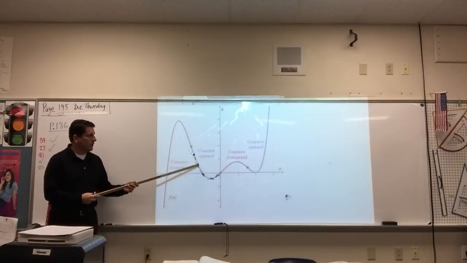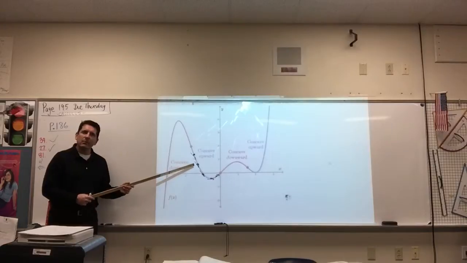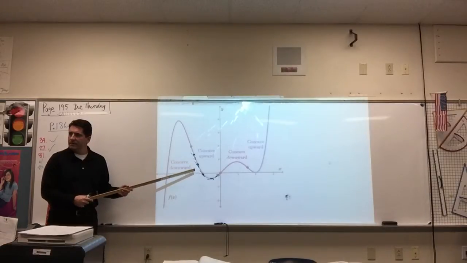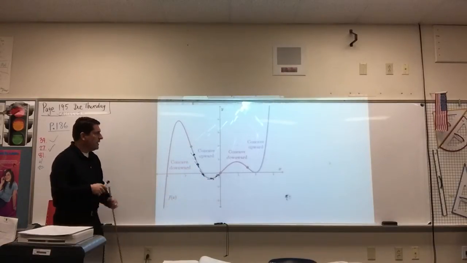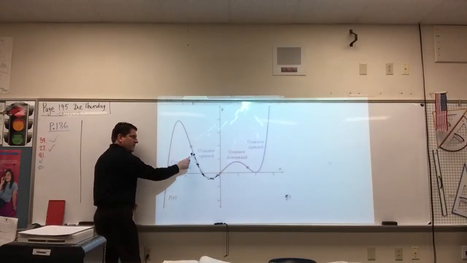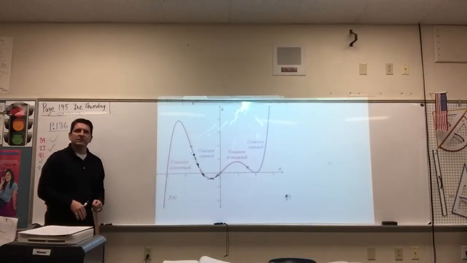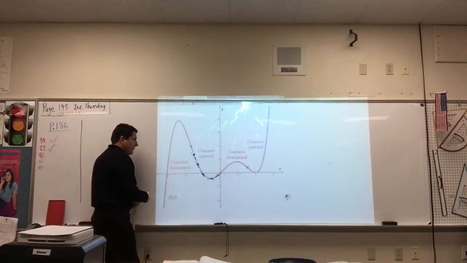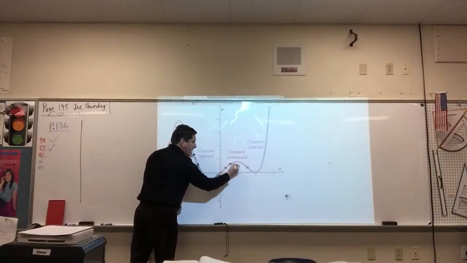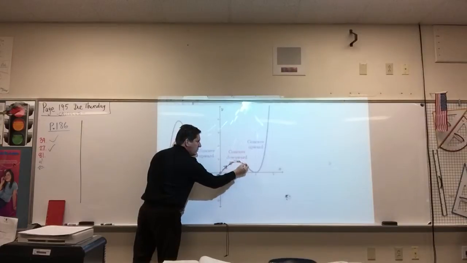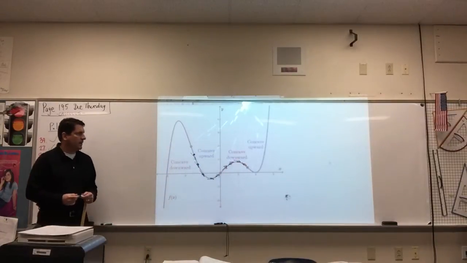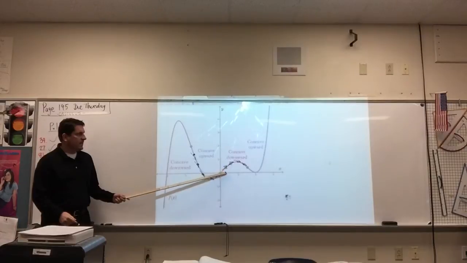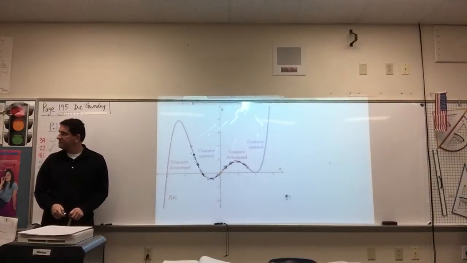The one to the right is a larger slope than the one to the left, even though they're negative. So when a function is concave up, if you analyze it, the slopes are always increasing. Vice versa, if I draw these points right here and I draw the slopes for every one on the function, when it's concave down, the slopes are always decreasing.